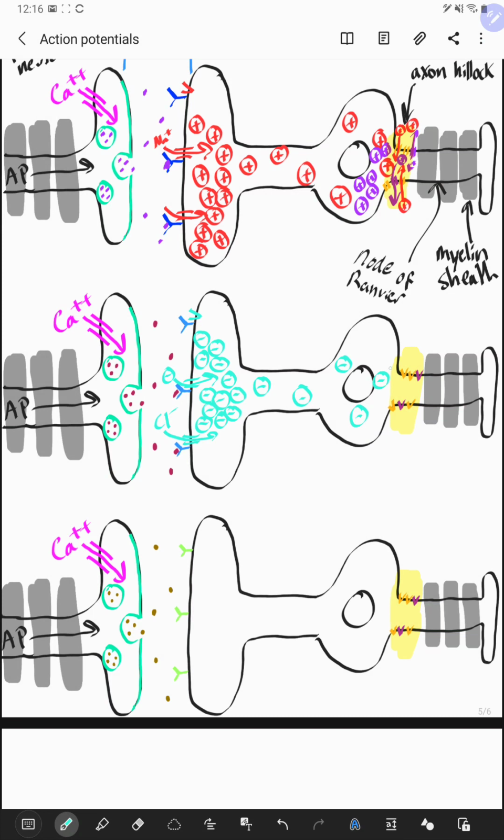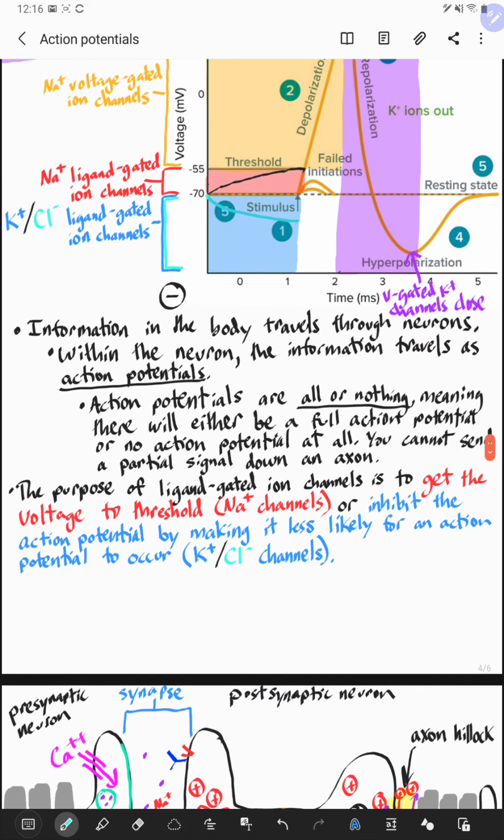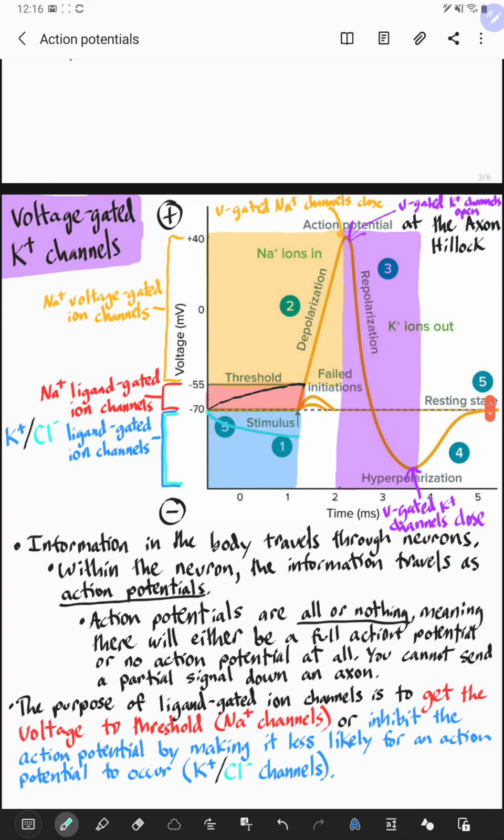So these chlorines keep spreading out, and then they're going to get to the axon hillock region. When they get to the axon hillock, that's really what this graph is showing. This is the potential of an action potential at the axon hillock.